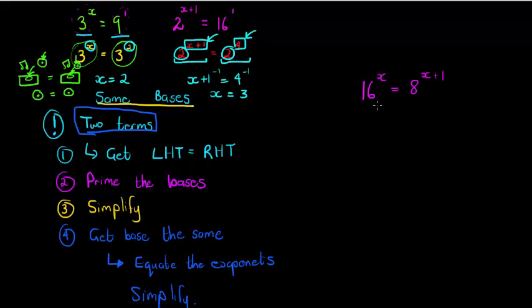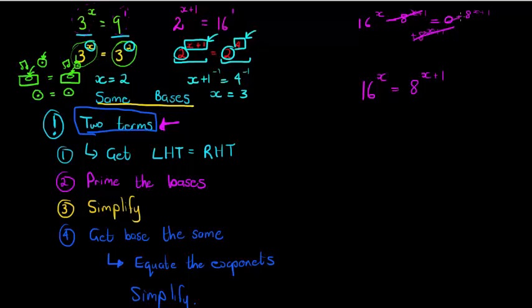What we first need to notice is that there are only two terms, a left-hand term and a right-hand term. Let's say it like this: 16^x minus 8^(x+1) is equal to 0. My first step would be to get the left-hand term equal to the right-hand term, so I add 8^(x+1) on both sides, so the left-hand side cancels.